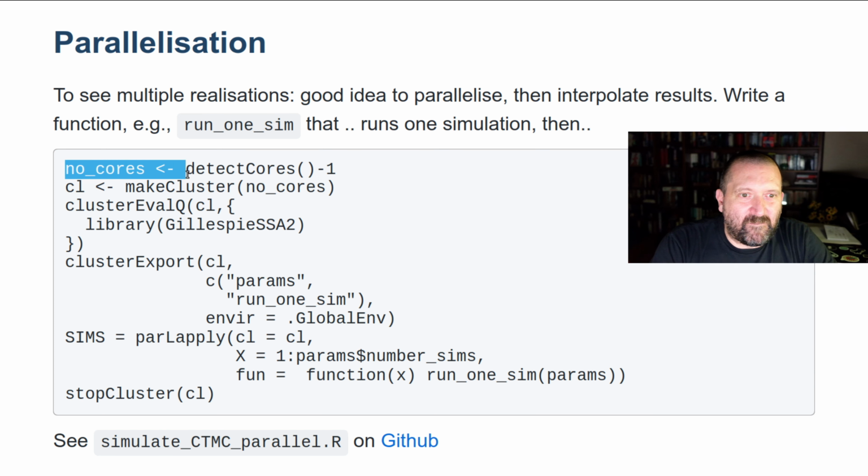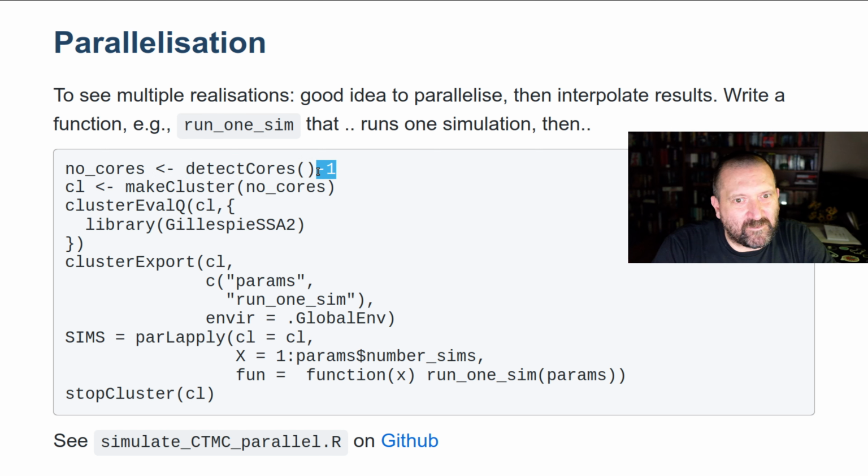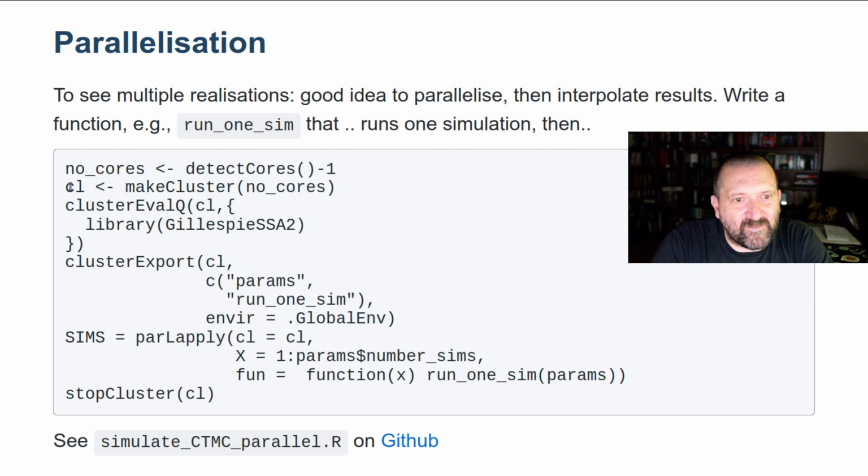This function detects the number of cores, and if you don't have a lot of cores, I really recommend that you leave one alone. That will keep your computer from completely freezing if your code is well parallelized. Then you need to issue a few commands. This one, for instance, is make a cluster.